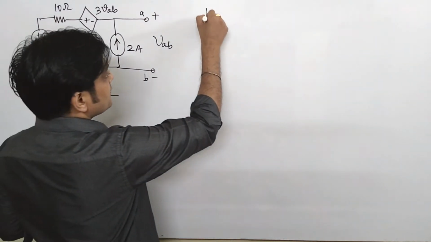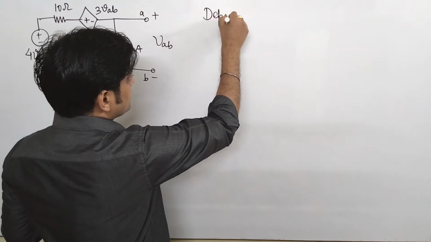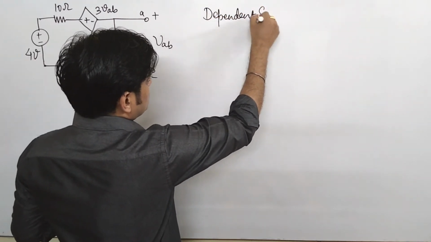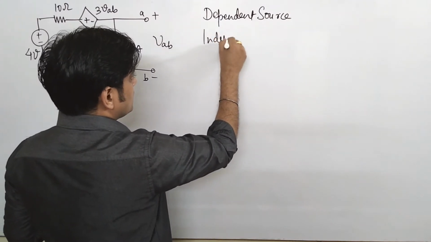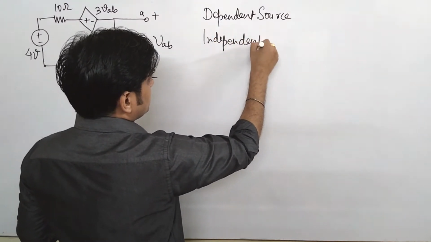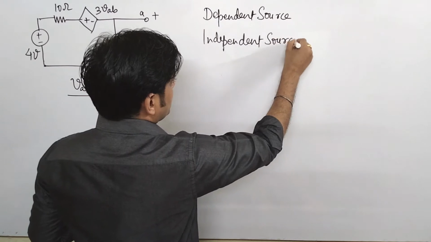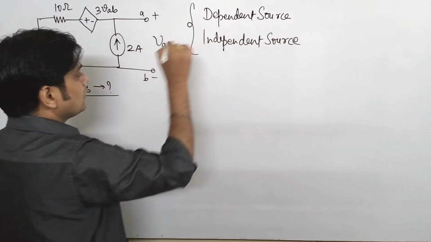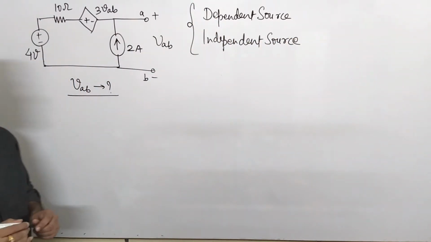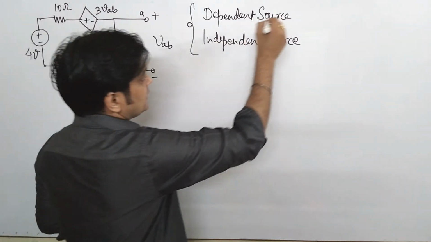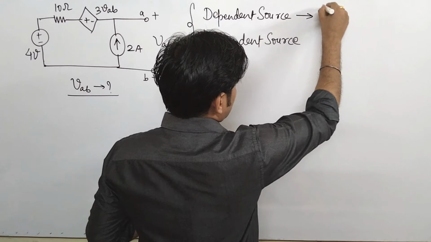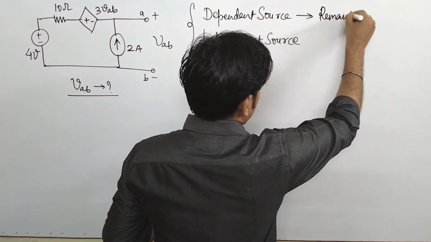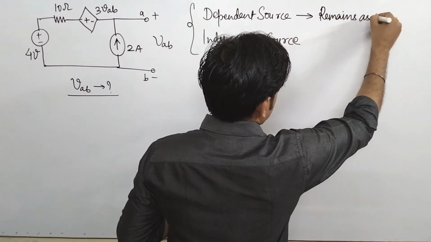So there are two conditions: one is the dependent source and another one is the independent source. I have taken this problem in which we have considered both. Whenever there is a dependent source, it remains as it is.